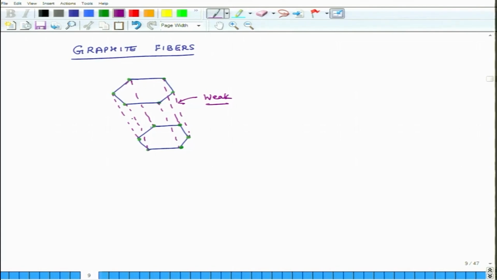The bonds within a layer between carbon atoms are strong, but between the layers they are weak bonds, and that is why graphite also acts as a very good lubricant, because each layer of graphite can slide over another very easily, because these purple bonds between different layers are weak. So, it slides and it does not take a lot of force to break them and get them established again. So, it acts as a very good lubricant.